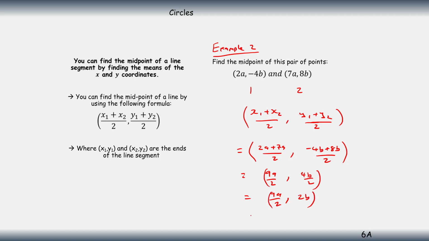Okay. You might like to write 4.5 or 4.5a. That's acceptable as well. Either way around, I'm happy with either of those. Hit pause, copy the example down. Once you've done that, hit play, and we'll look at one more.